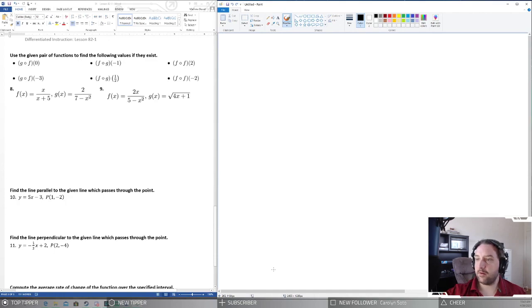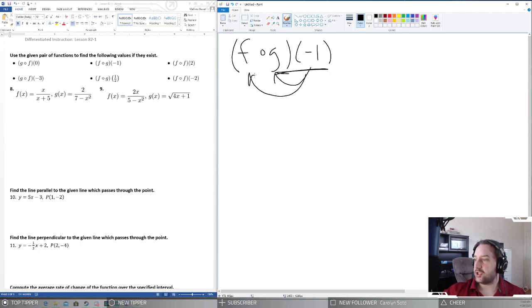So let's talk about these composition of functions. Like on number 9, let's look at f of g of -1. So I'm plugging -1 into g, and then I'm plugging all that into f. Remember we have to think of this as f of g of -1. So I'm plugging -1 into g.